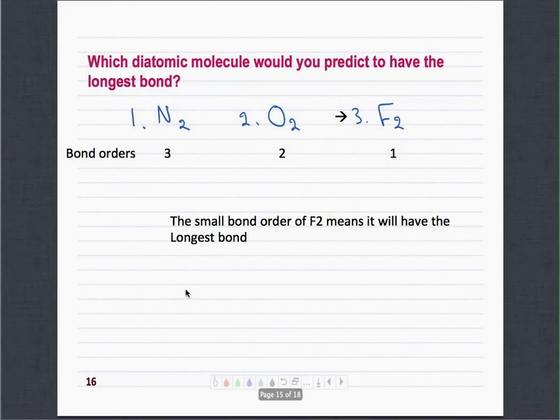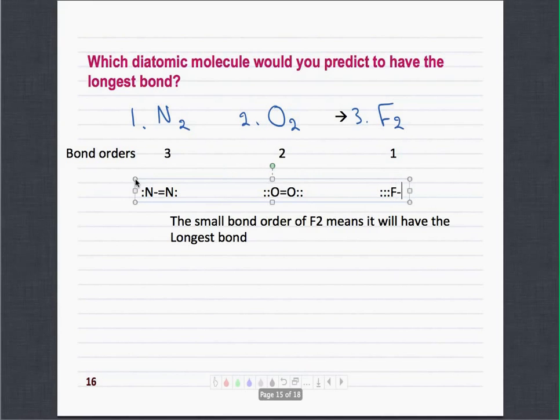So this is the Lewis structure of nitrogen. This is of oxygen. And this is of fluorine. So clearly the bond order is 3, 2, 1. And we said that the bond order is inversely proportional to the length.